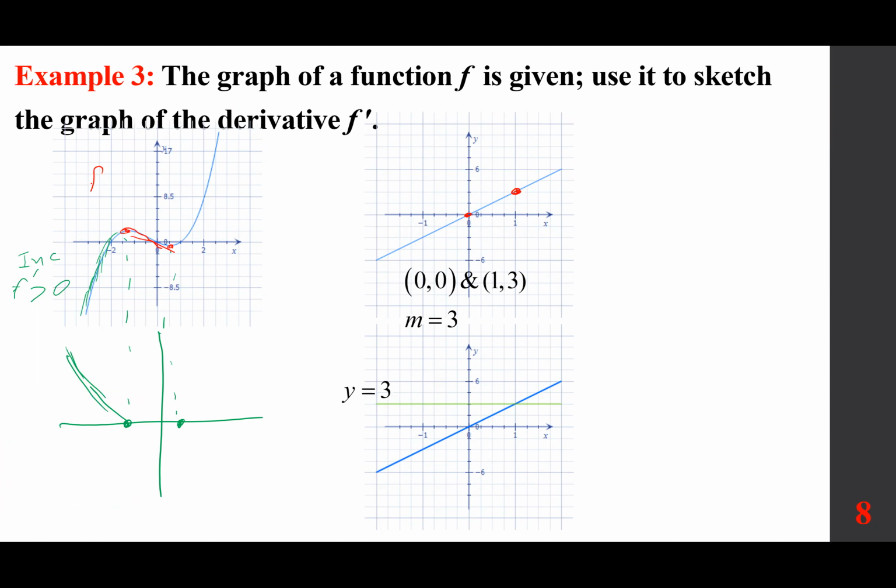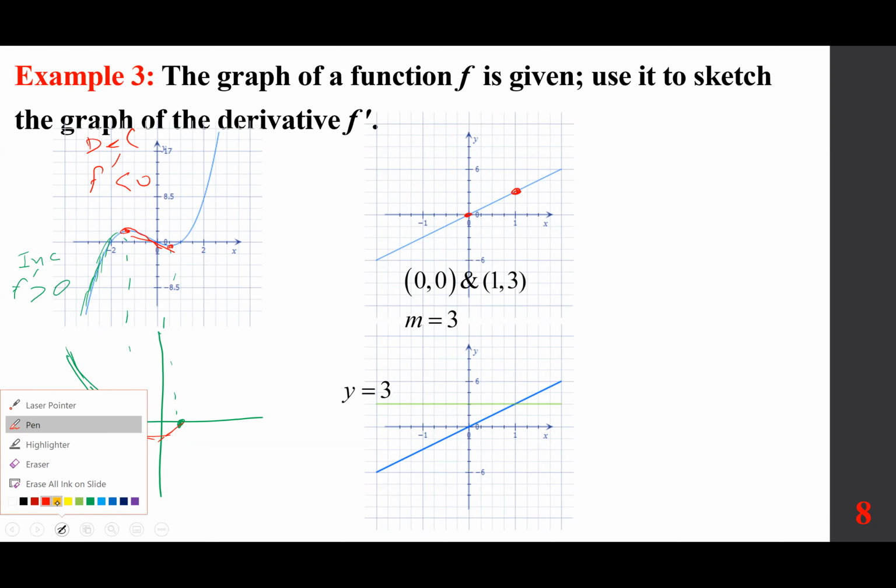This portion in red, f prime is negative because it's decreasing. So it's below the x-axis, but it has to come back up. And then again, f prime is positive because it's increasing.